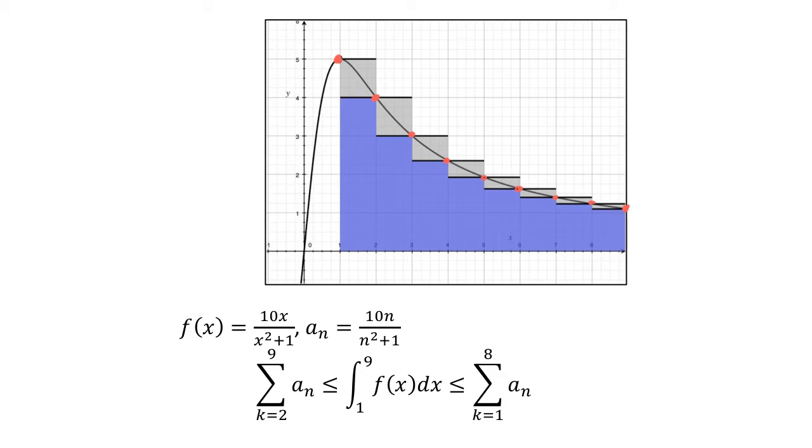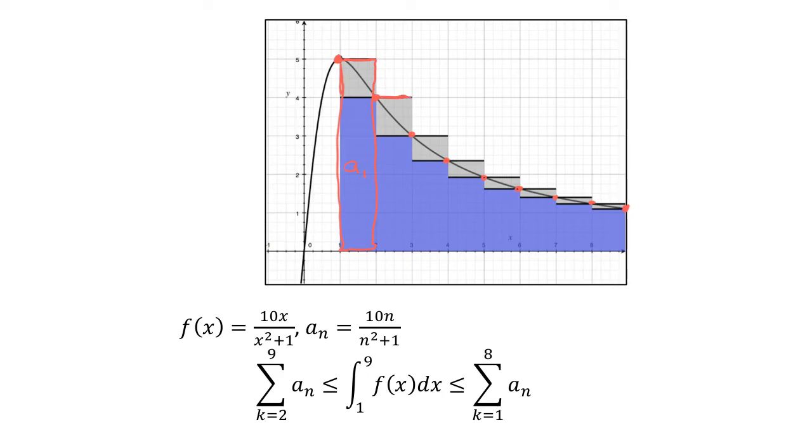Now I've drawn two sets of rectangles. I've drawn gray ones and I've drawn blue ones. I'm going to outline the first gray rectangle and we're going to think about what's going on there. You want to imagine that the blue rectangles are standing in front of the gray ones. This rectangle is up at height a sub 1. It's also of width 1, and so the area will be a sub 1 times 1, so the area of that rectangle is a sub 1.